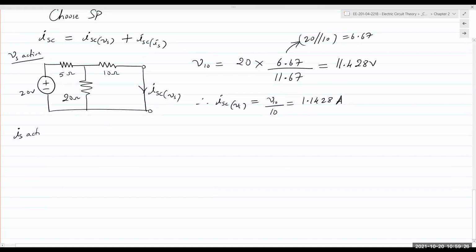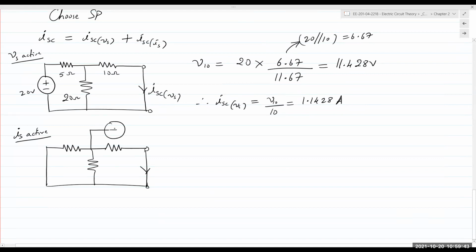When Is is active, the voltage source is the short. ISC, 5 ohms, 20 ohms, and 10 ohms.